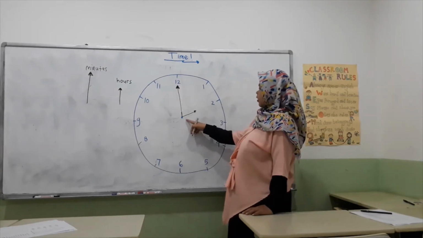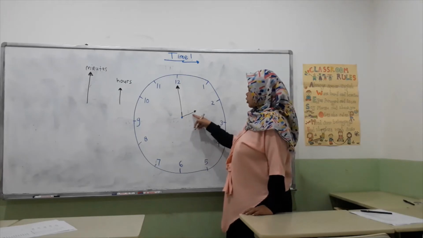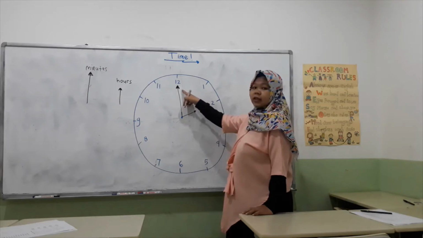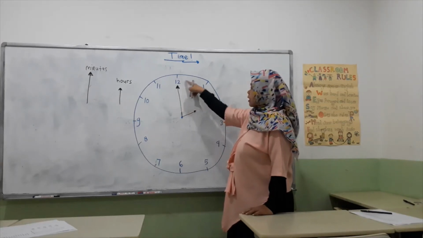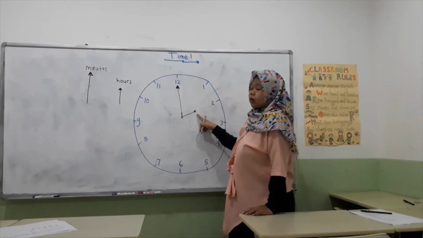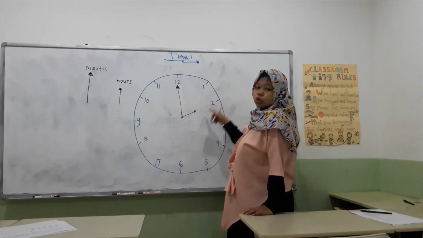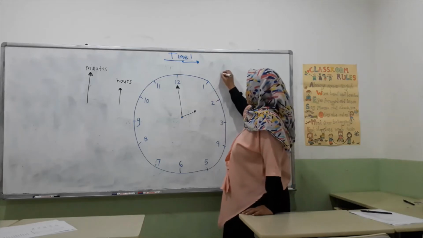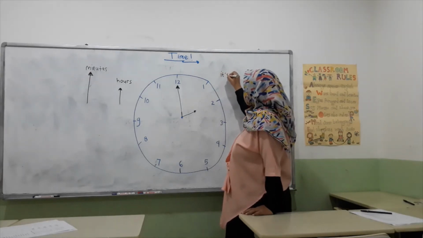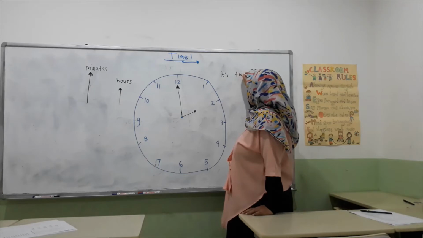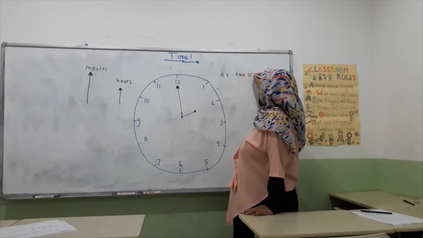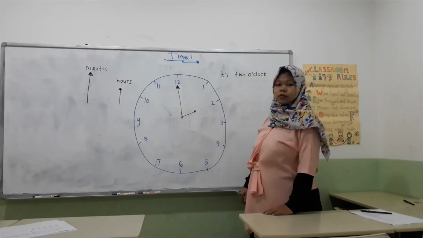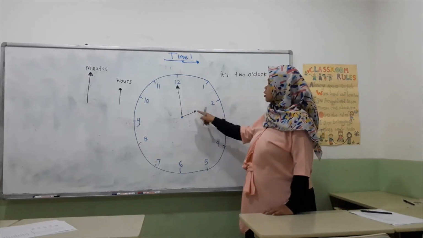If it's like this, look at this. The short one is pointing at number 2 and the long one is pointing at number 12. This, we call it 2 o'clock. It means it is 2 o'clock.